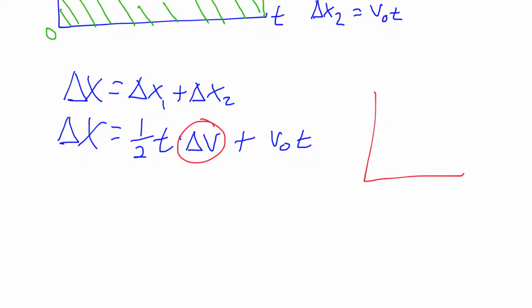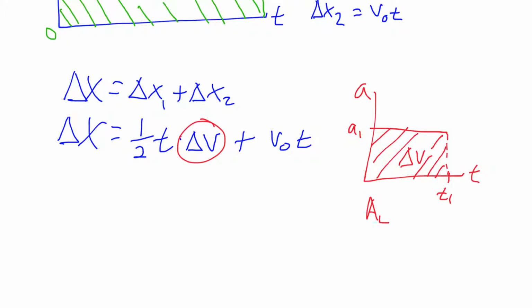If we look at that delta v right there, we can go back and look at the acceleration versus time graph that we made earlier, and remember that the area under that was equal to the change in velocity. We said that the area of that rectangle was the base times the height, and that was equal to the change in velocity.